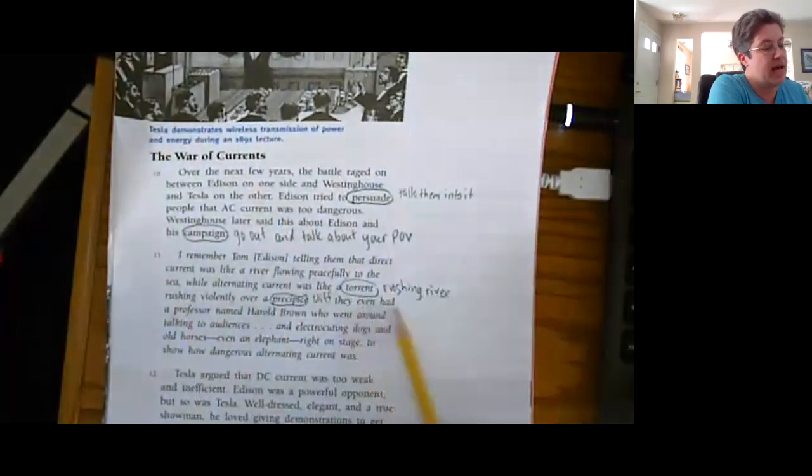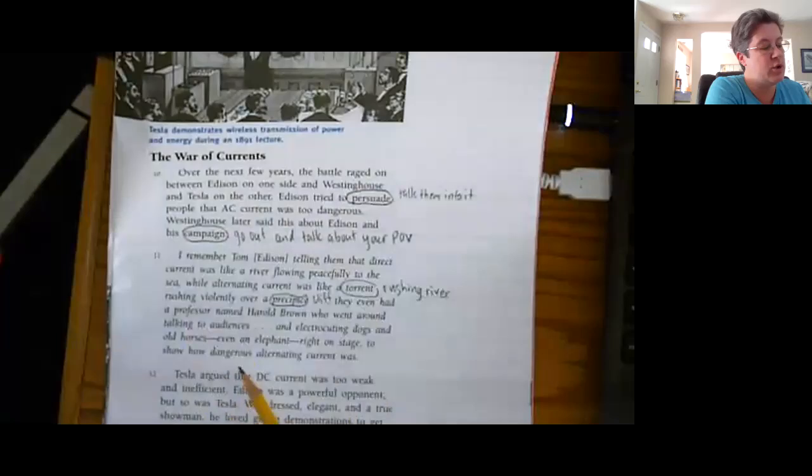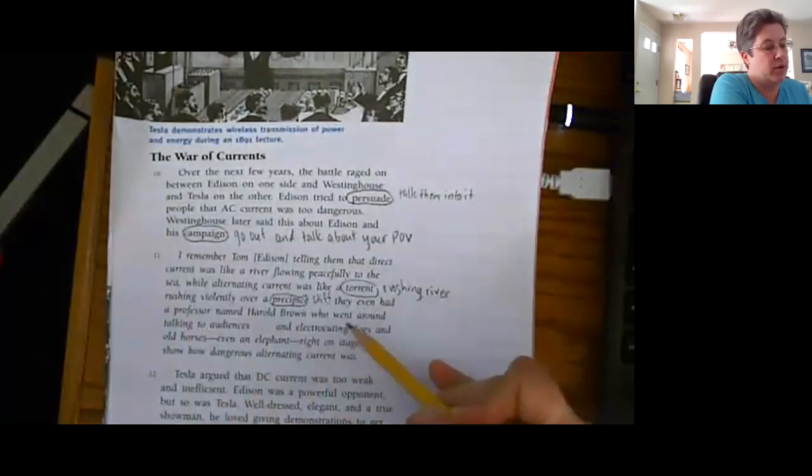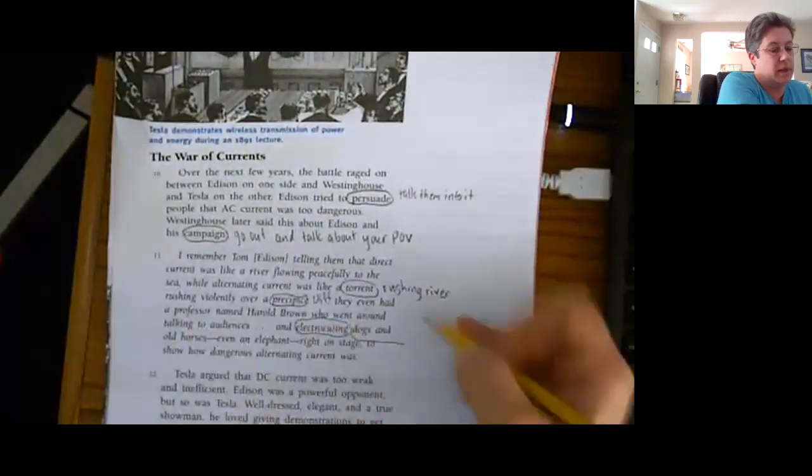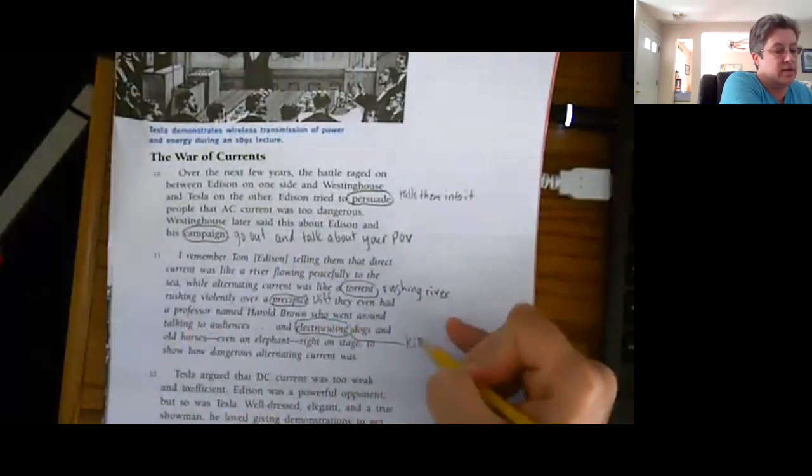They even had a professor named Harold Brown who went around talking to audiences, and electrocuting dogs and old horses, even an elephant, right on stage to show how dangerous alternating current was. And hopefully you know that electrocuting means killing with electricity.